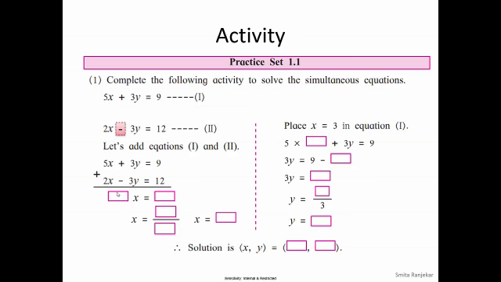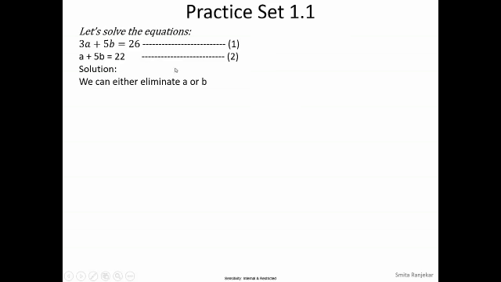But if I want to eliminate b, you will observe that coefficients of b are same. So what I need to do is subtraction. So what is more easy is to eliminate b. So we will eliminate b. So we are going to do subtraction.